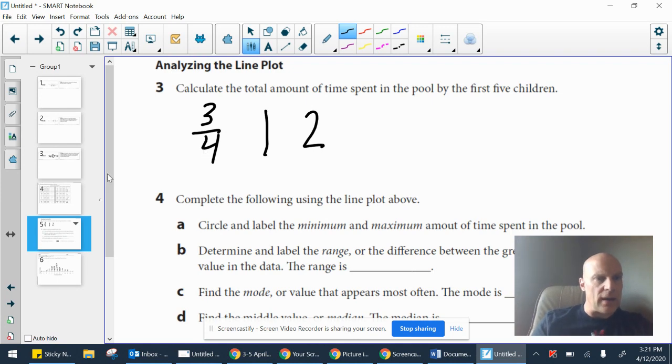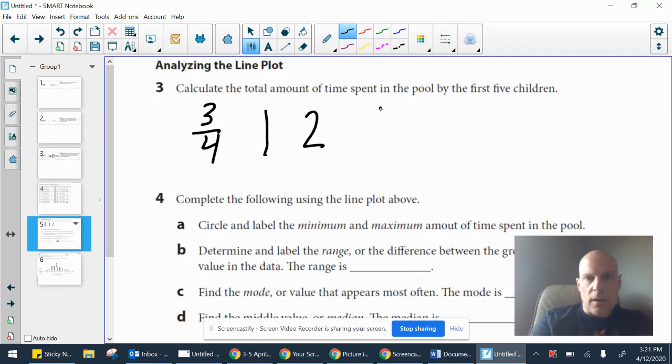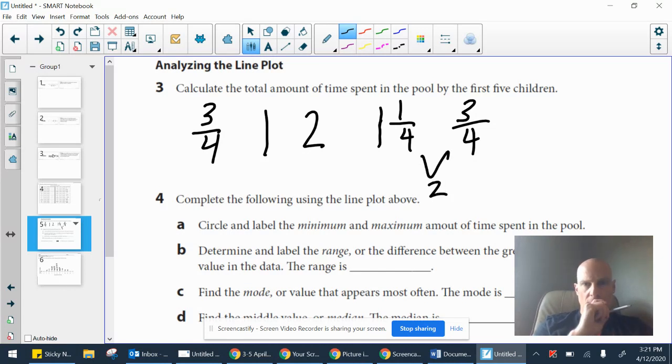Now I'm going to look back again and make sure that I'm being accurate. 1 1/4 and 3/4. I'm already seeing when I'm adding these together, 1 1/4 and 3/4 go together really well. As a matter of fact, they go together to make 2. I want to find the total amount of time spent, which sounds like I'm adding these. So I have 2 here.